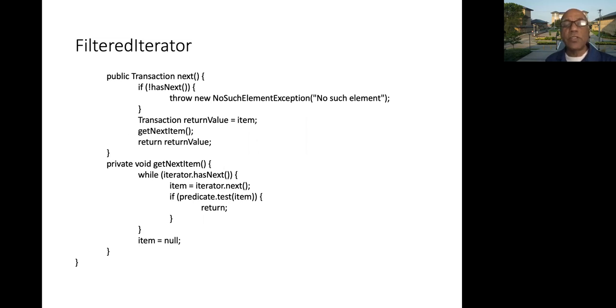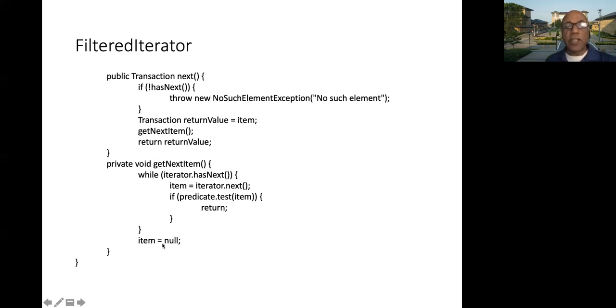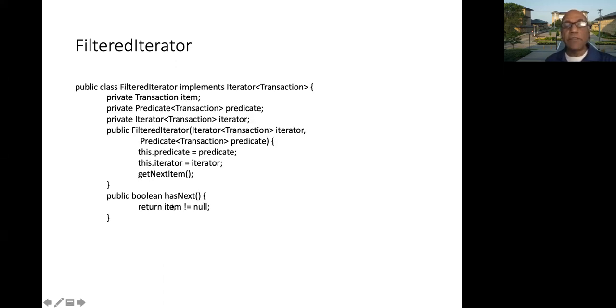And this is what is returned, the next transaction that satisfies the predicate. And we have hasNext. If item is not equal to null, item is set to null if there is no transaction that satisfies the criterion. If there is a transaction that satisfies the criterion, hasNext would return true.